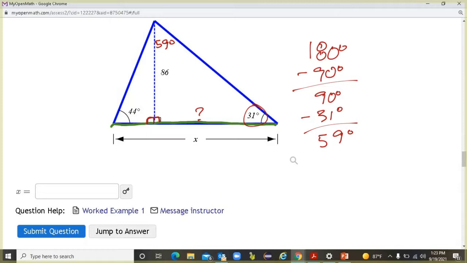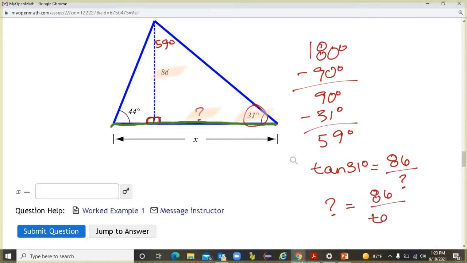So based on this angle, who uses opposite and adjacent? So that would be tangent, right? So if I do the tangent of 31 degrees, I will get opposite over adjacent. I don't know what that is. I'm just going to leave it as a question mark for now. So notice, to solve for this, they swap places, essentially.